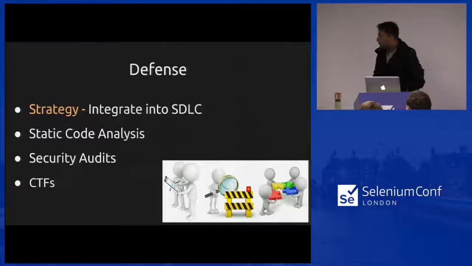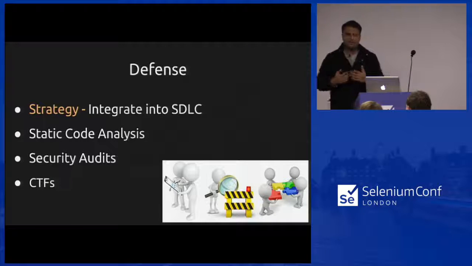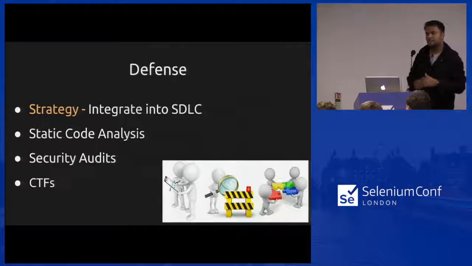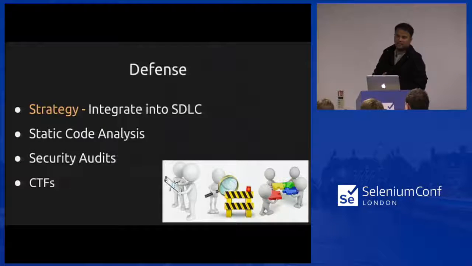So we have talked about a lot of vulnerabilities here, but finding vulnerabilities is a good thing, and at the same time we should be aware of how we can protect things.